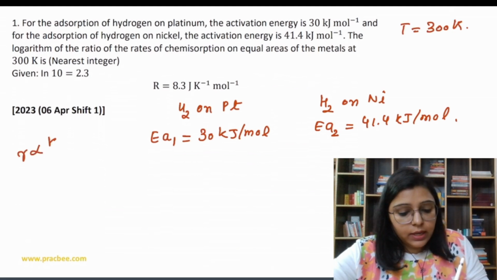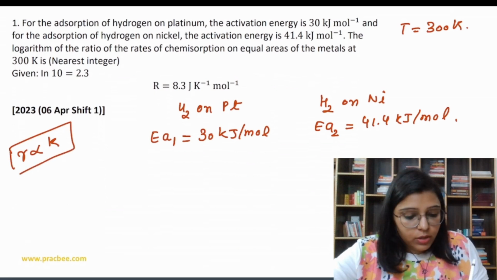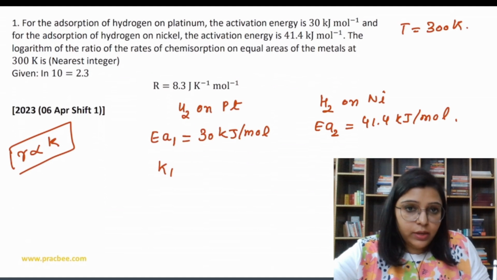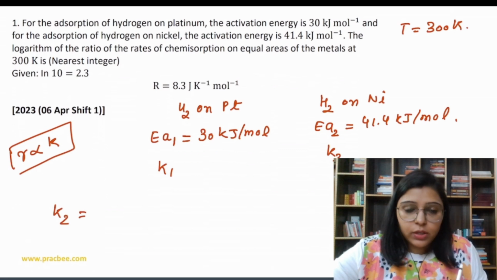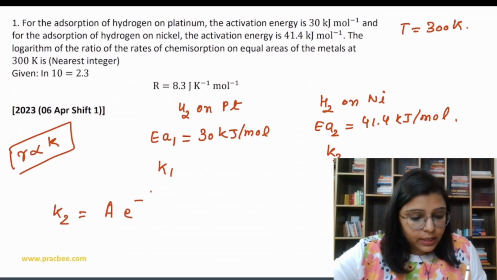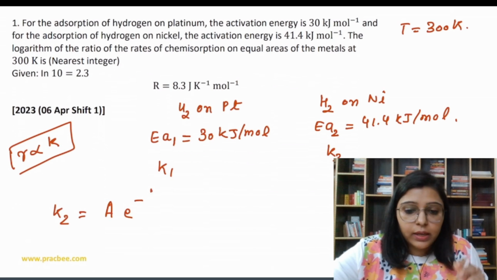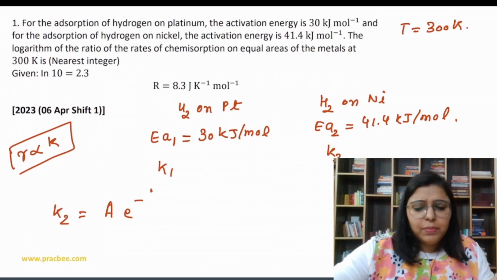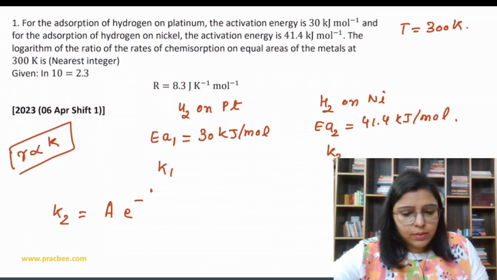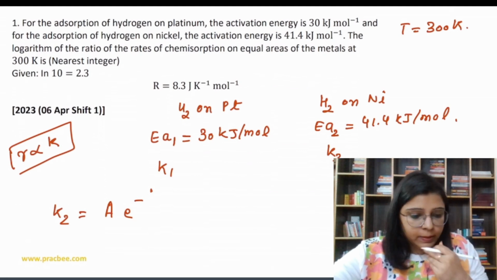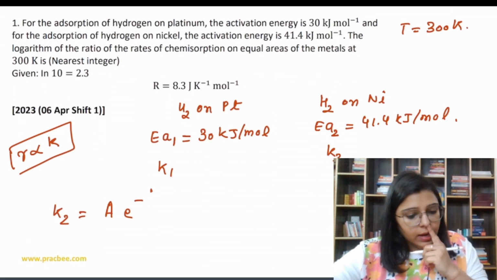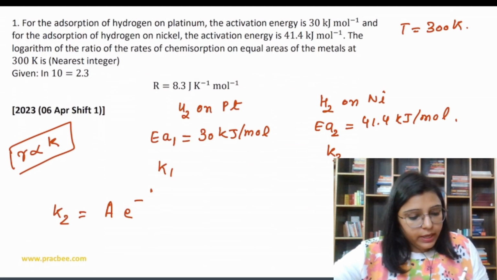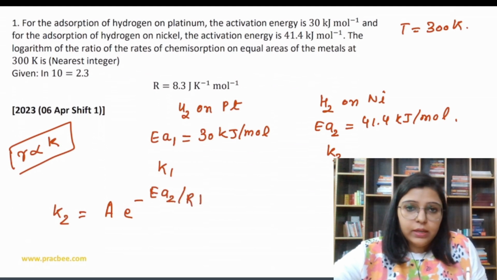We know that rate is directly proportional to K, the rate constant. So for hydrogen on platinum I write K1, and for EA2, hydrogen on nickel, I write K2. So K2 is equal to A e to the power minus EA2 upon RT.